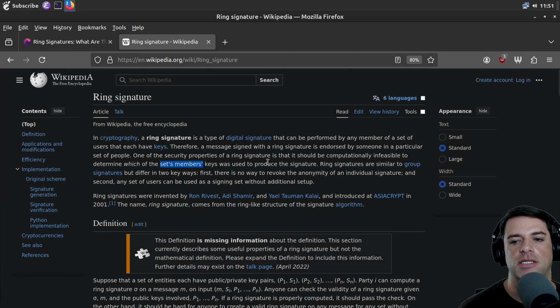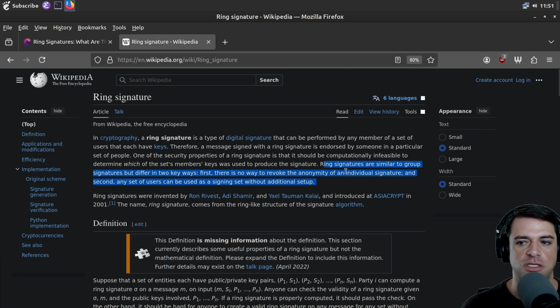And I guess this is kind of like an anonymity set. And I don't know how large the Monero rings are, but I suppose the idea is that if we take it out to the limit, perhaps the set is the entire group of Monero users, and so nobody can tell who sent which transaction.